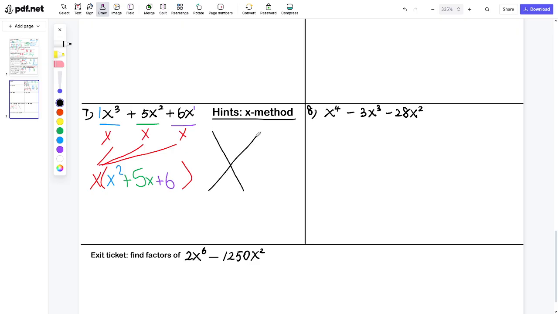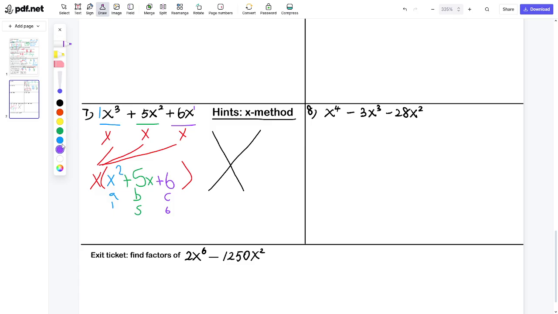If you noticed, we have our a, b, and c values. If you remember those, a, b, and c. Our a value here is 1. It's not x, it's 1. Our b value is 5. Our c value is 6.